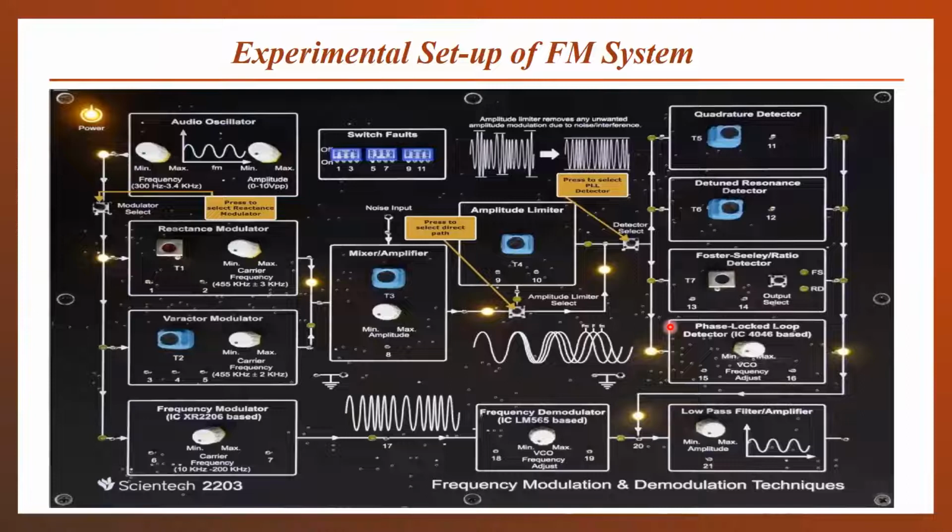No noise is added here, the signal is just amplified, and then the signal is given to a direct path, and the demodulator selected is the PLL detector, phase locked loop detector, in which the VCO, voltage controlled oscillator, you have learned. The frequency of the VCO will be adjusted according to our carrier frequency, and then this signal is passed to a low pass filter, and the output will be detected at the test points provided in this kit.